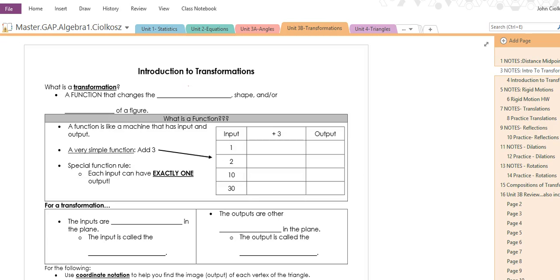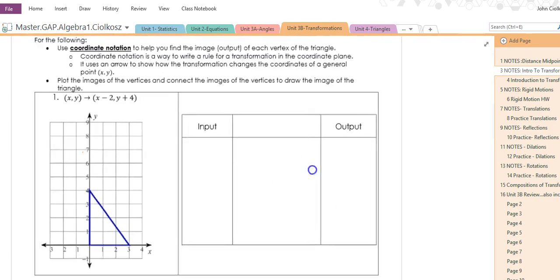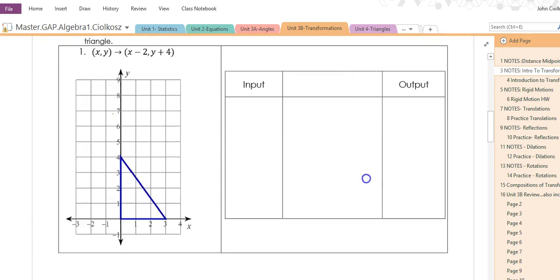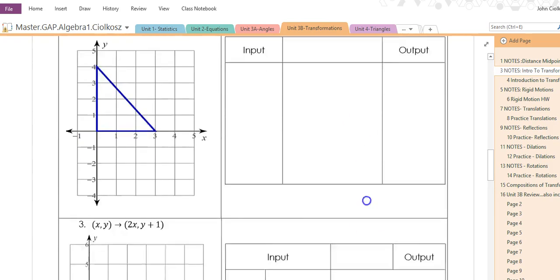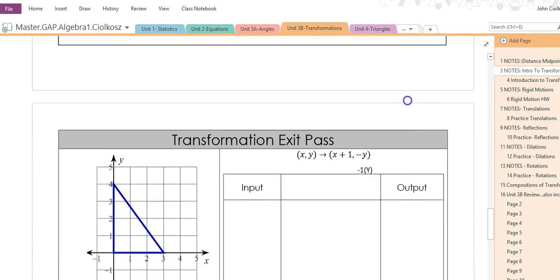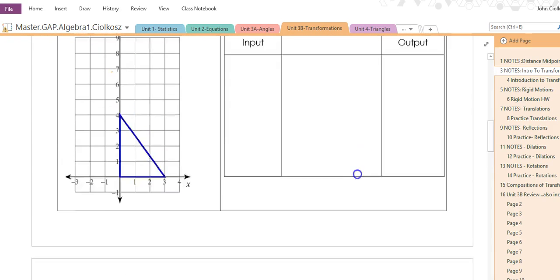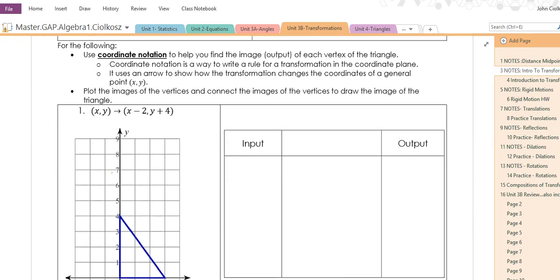Okay, now we're going on to number 3 here. So we're looking at some transformations. We're going to skip through this first part here. The first ones we're going to work on, we're going to mess around here a little bit and just see what transformations can do. So for our first one here, what this means is I'm going to take my points and change them in this way.